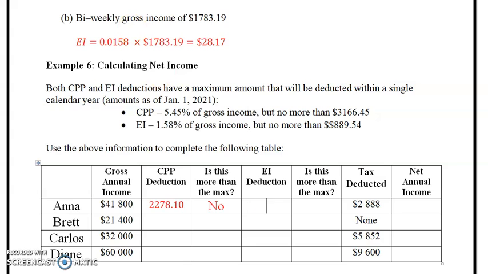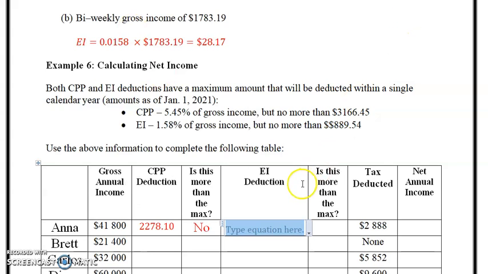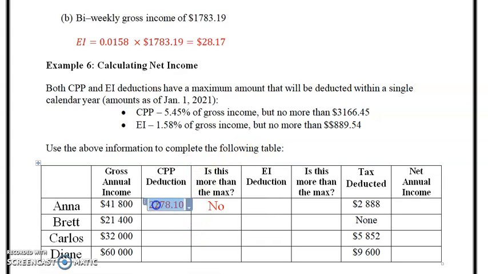Oh, sorry, insert there. Actually, you know what, I'll just copy this each time. And we get 660.44. And this is again no, right? This is not the max. So the tax deducted is here. So the net annual income will be the 41,800 minus CPP, EI, and the tax that was already given.